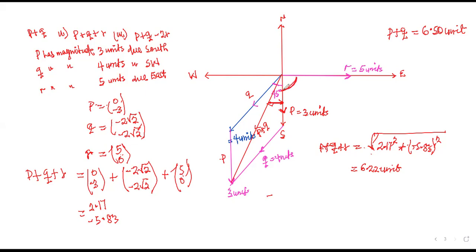If we had determined this small angle, we'll add it to this and then use cosine rule to find that. I want one of you to do that after the class for me. Use the cosine rule to still find P plus Q plus R.